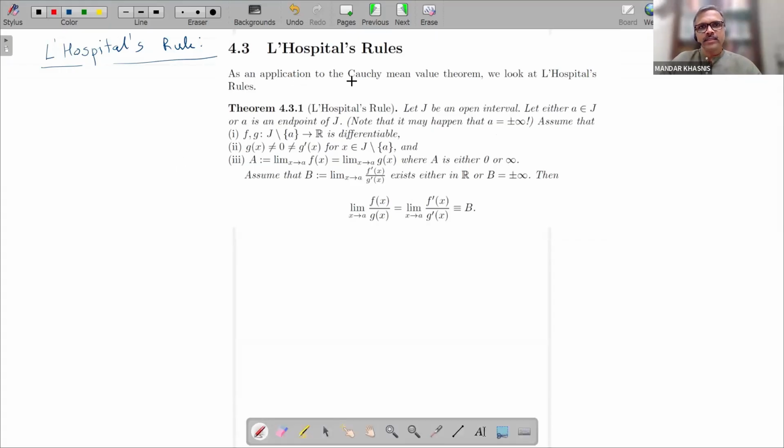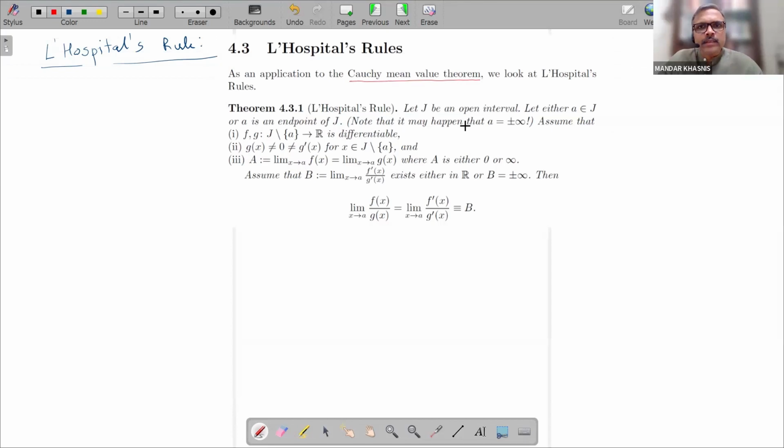By the way, it's an application of CMVT. The proof involves Cauchy's mean value theorem, and it's easy to guess why, because f dash x is actually f x minus f a upon x minus a. Those things get involved. So you have Cauchy's mean value theorem.